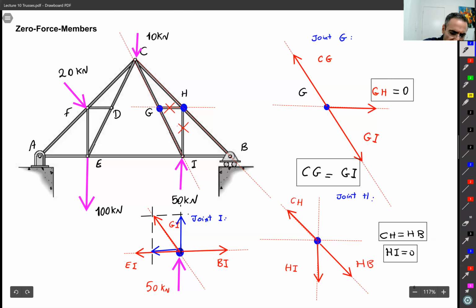If this angle is alpha, this one is GI sine alpha, and this one is GI cosine alpha, right? So we have the forces in X and Y. We call this one X, and we call this direction Y. So if you write the relation, and I want you guys to try it later, if you write the relation for sum of the force in X equal to 0, remember we are in static, even for this pin, for this joint I that we are analyzing.